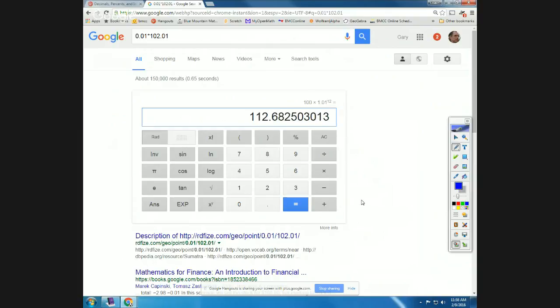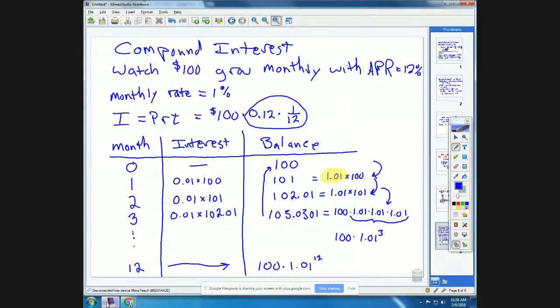And we will make $112.62 and then 1/4 cent, which the bank will probably keep. So this is approximately $112.68. So compounding monthly, I'm 68 cents better off than I would be if I just received 12% at the end of the year. That would be just $12 extra.